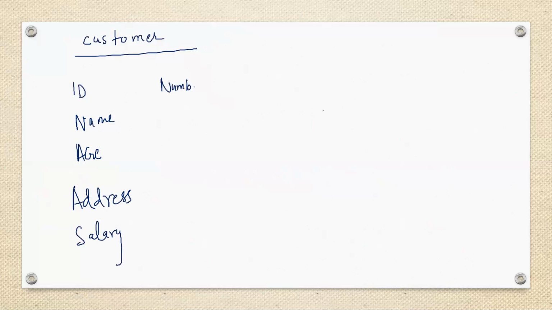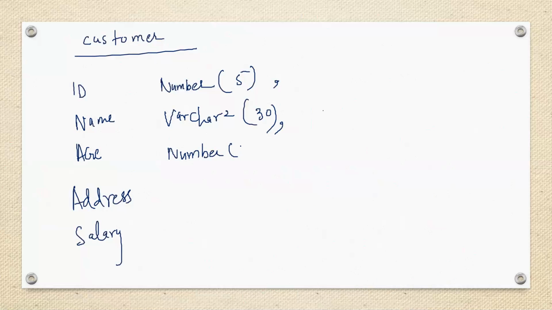It should be numeric, number. How about name? Is it varchar 2, or varchar 25? 30? Age is just a number and will not be occupying more than 3 digits, right? Yes. Address.